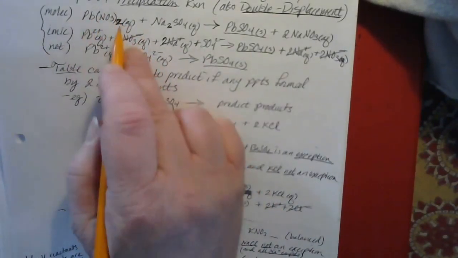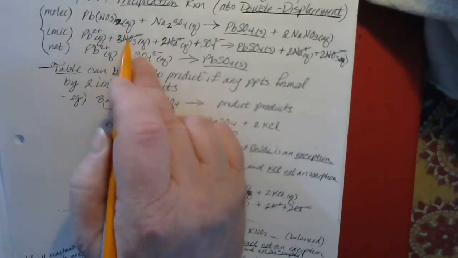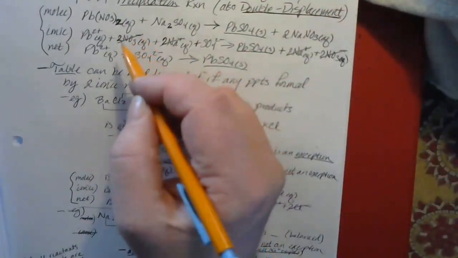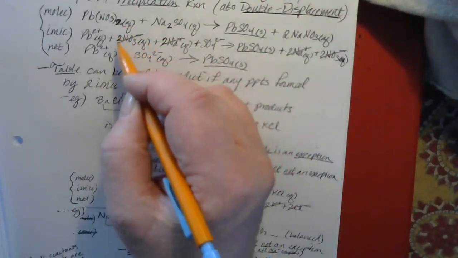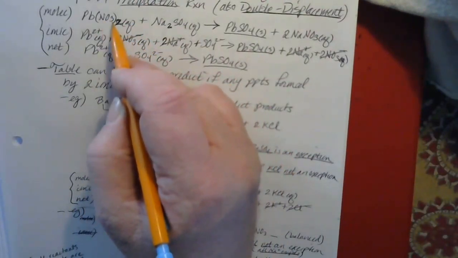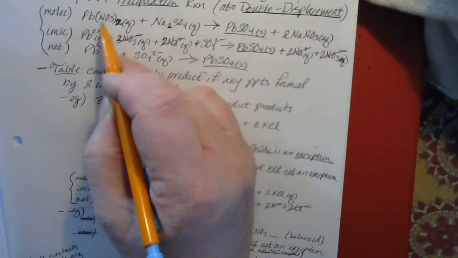Remember, when the NO3 minus ions are part of the larger molecule, the fact that there are 2 of them is indicated by the subscript. But when they come off the molecule and become free and independent of each other and of the lead, that 2 becomes a coefficient. And so that's 2 NO3 minus. And remember that the NO3 is a polyatomic ion, so the oxygen and the nitrogen remain together because that's a covalent bond.